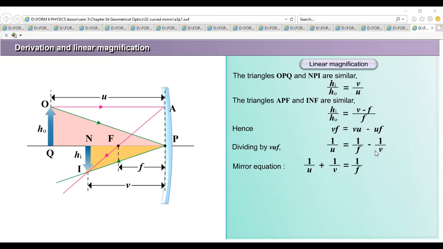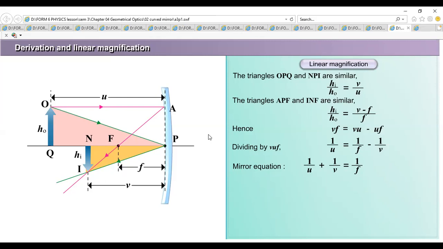This will be the formula to show the relationship between the focal length, the object distance, and also the image distance.